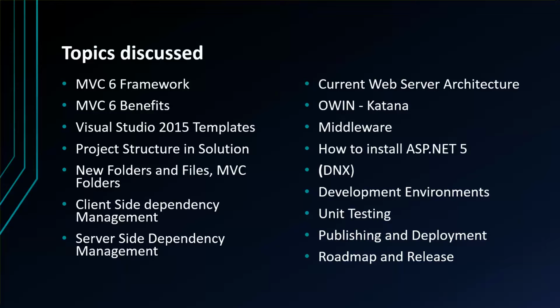What are the supported unit testing frameworks like XUnit.NET, and how we can publish our application to either Windows or non-Windows platforms like Linux and Mac OS, and finally ended with the roadmap and releases.